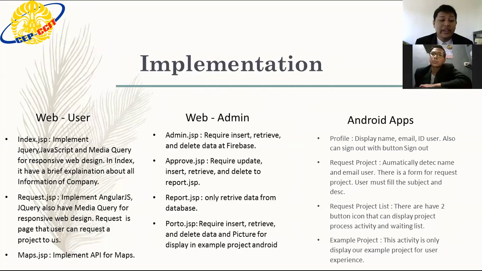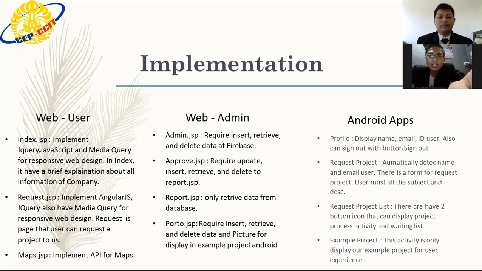Next is implementation. Adib will explain about the web user. First, index.jsp. This implements jQuery, JavaScript, and media query for responsive web design. Index has a brief explanation of all the information about our company.